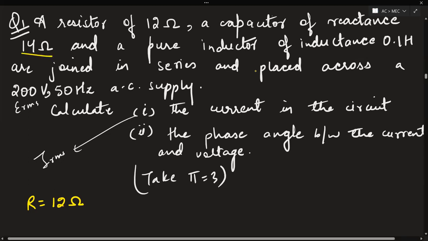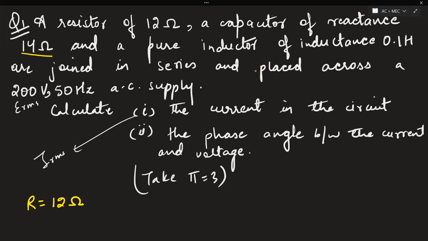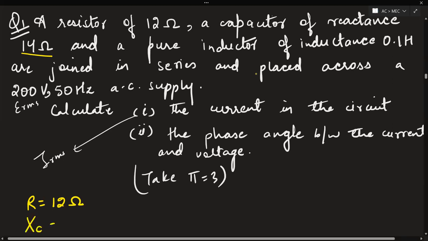This is 14 ohm given. What is this 14 ohm? Is this the resistance, the capacitive reactance, inductance, capacitance? Reactance, but capacitive reactance. See, it's written what? A capacitor of reactance is this. So you have XC as 14 ohms.